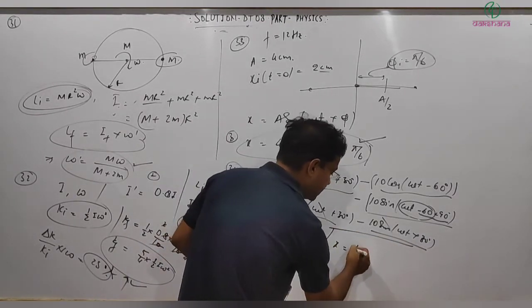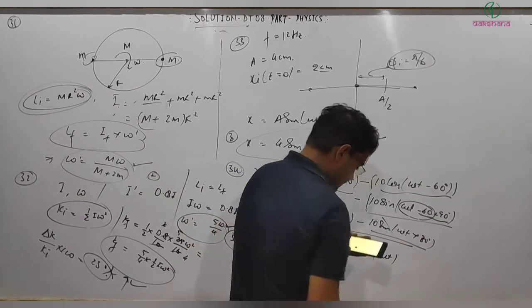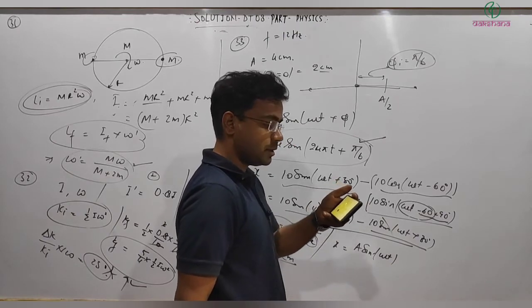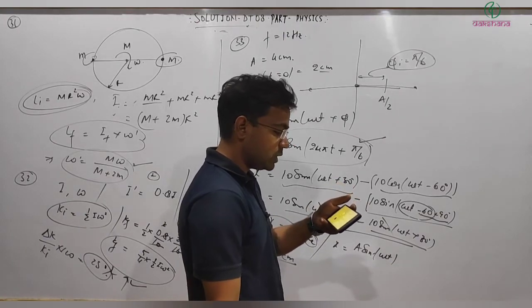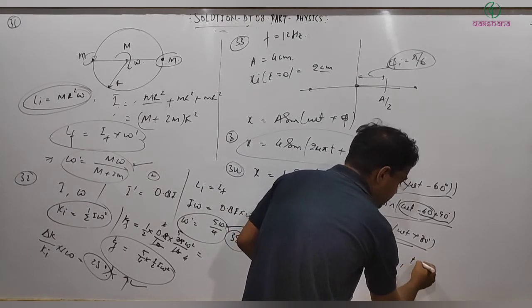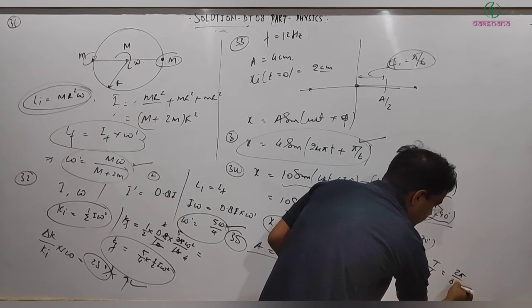So its position will be A sine of omega t. So 1/6 means t is equal to T by 6, that is 2 pi by 6 omega.